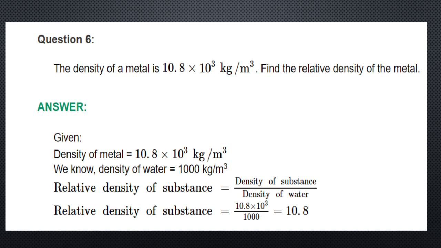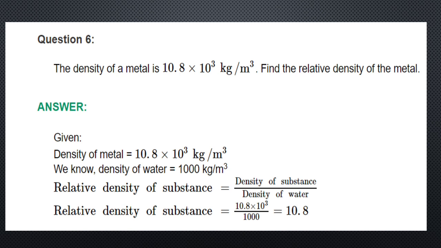So what is given over here? Here the density of metal is given. So density of metal is equal to 10.8 into 10 raised to 3 kilogram per meter cube. And we all know that the density of water is always the same, that is 1000 kilogram per meter cube, or this 1000 we can write as 10 raised to 3 kilogram per meter cube.